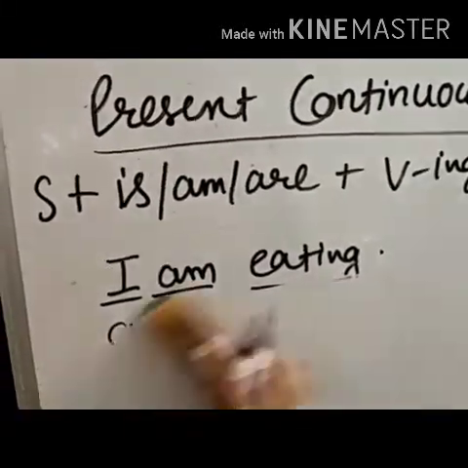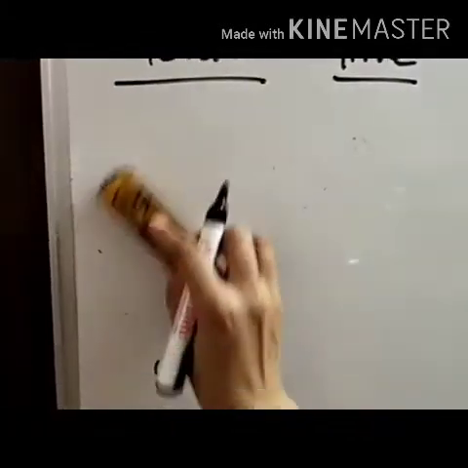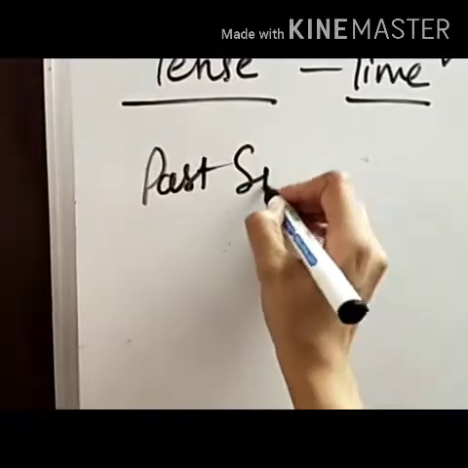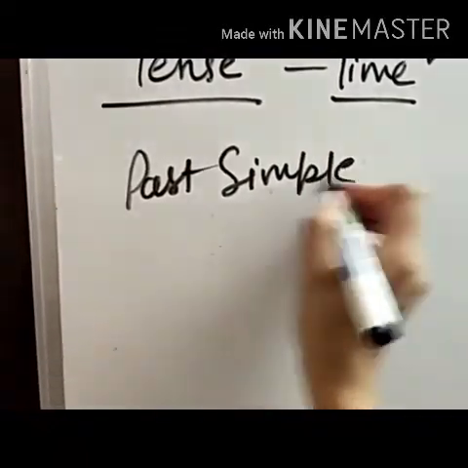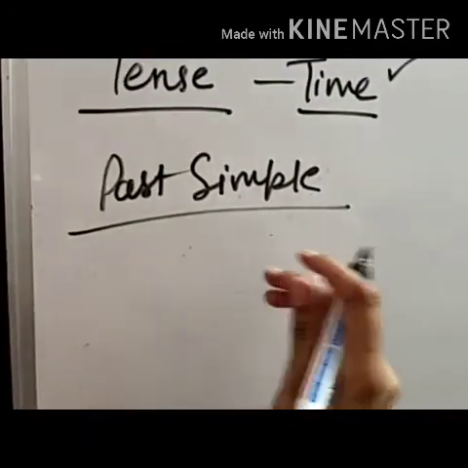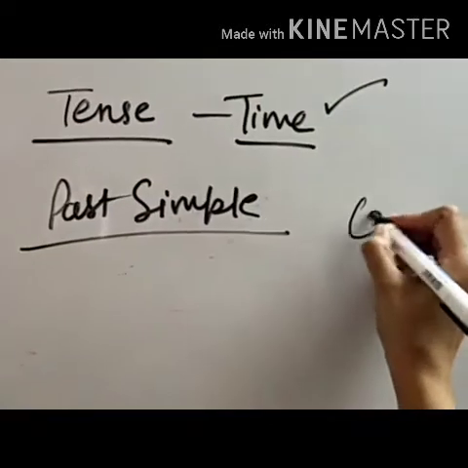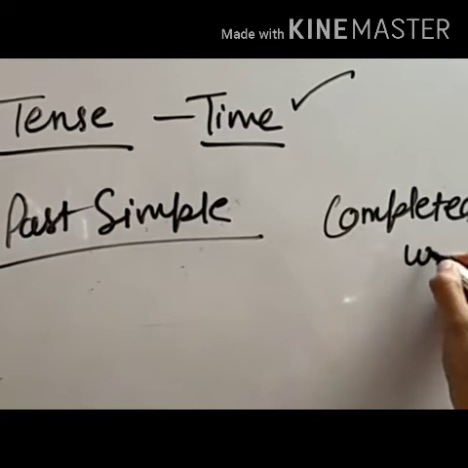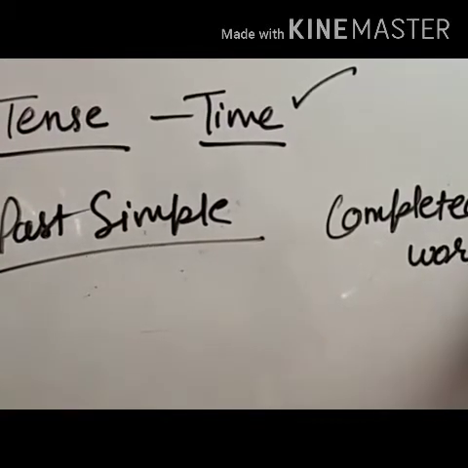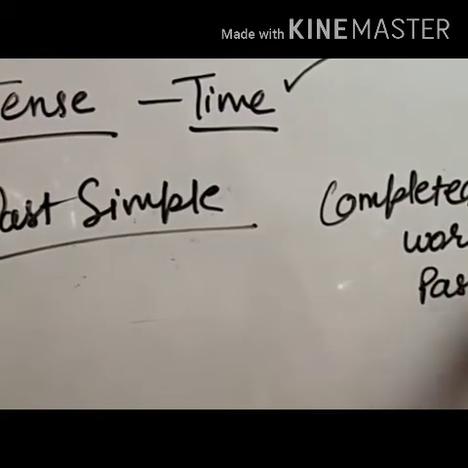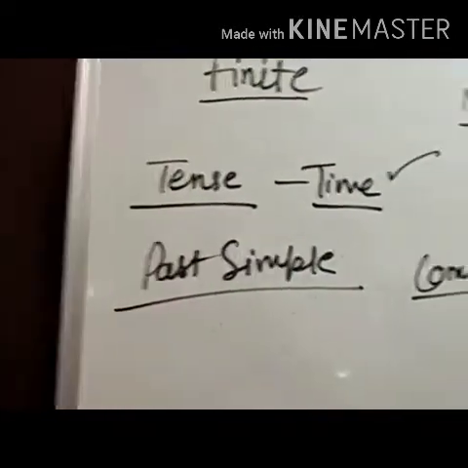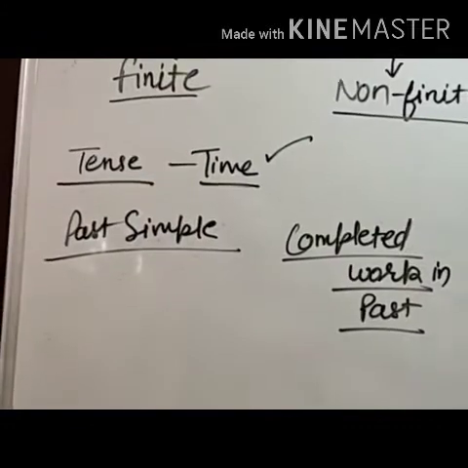Now with past simple, we use past simple when we want to talk about completed work in the past. When the work is done, the work is finished, the work is complete.